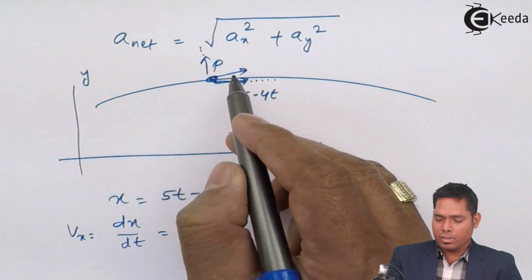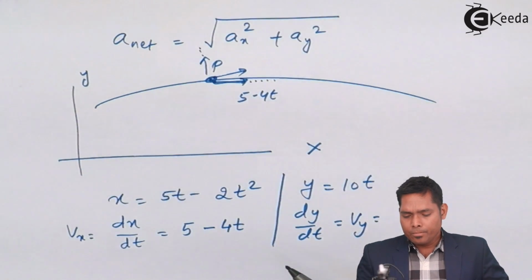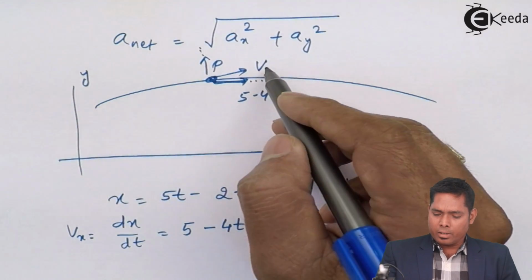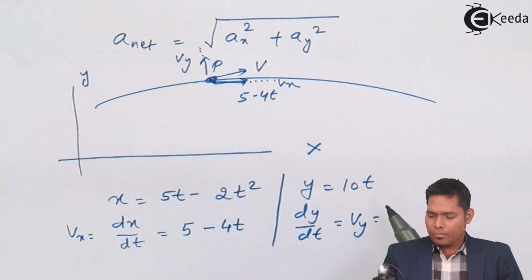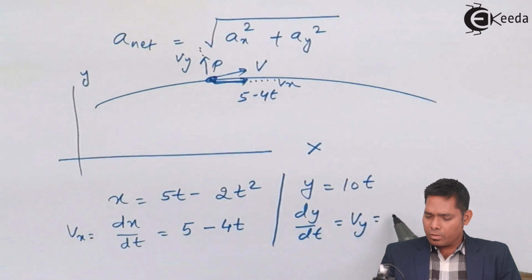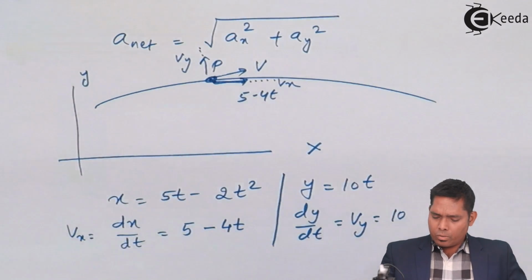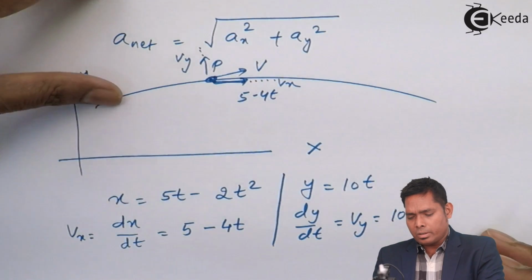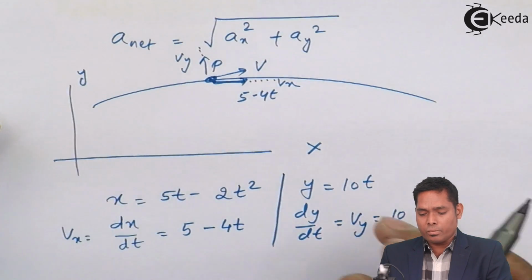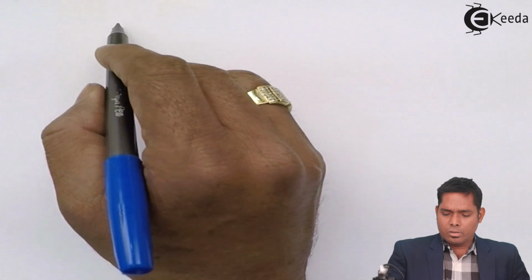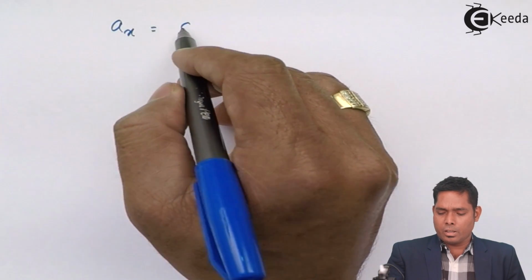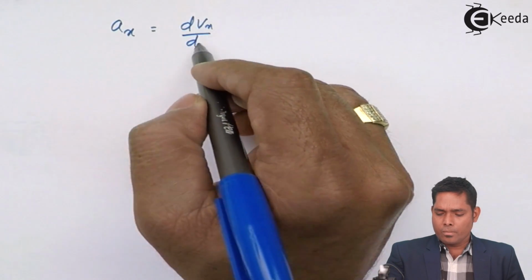Suppose the velocity is in this direction, so it has an x component and a y component. This is your v at any time t, this is your vx, and this is your vy. So vy by differentiation we get 10. So vx and vy you got. Then how this velocity is changing with time will give the acceleration. So the x component of acceleration is dvx over dt.